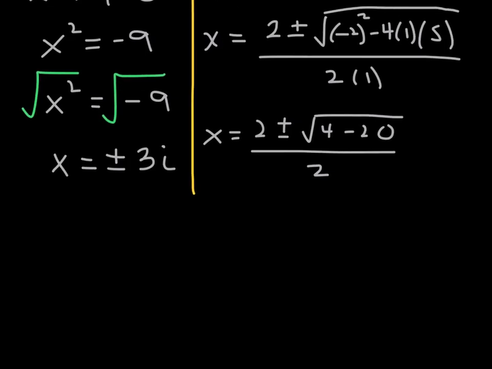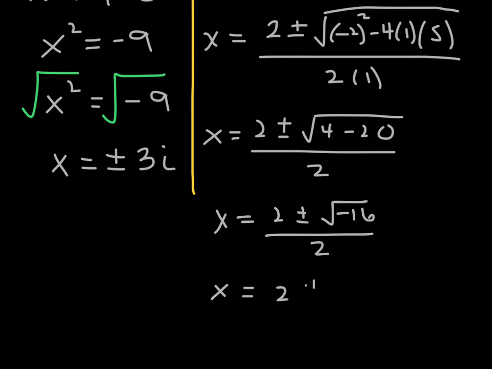And continuing to simplify, you'll get x is equal to 2 plus or minus the square root of negative 16, all over 2. Don't forget, all over 2. This will be 2 plus or minus, the square root of 16 is 4, and the negative underneath the square root generates i.